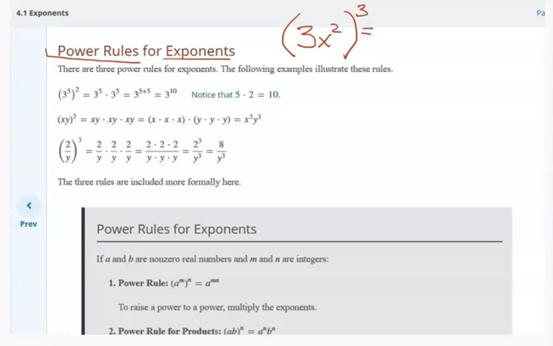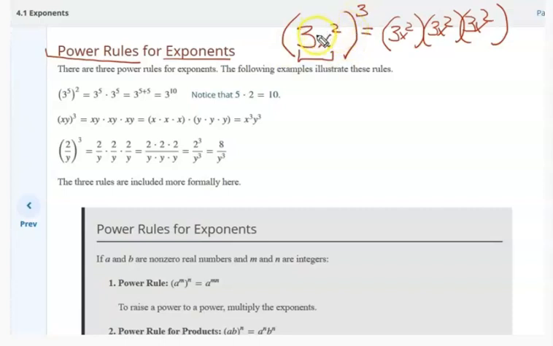Now, what does this mean? Well, it means we're going to write this 3x to the second three times.